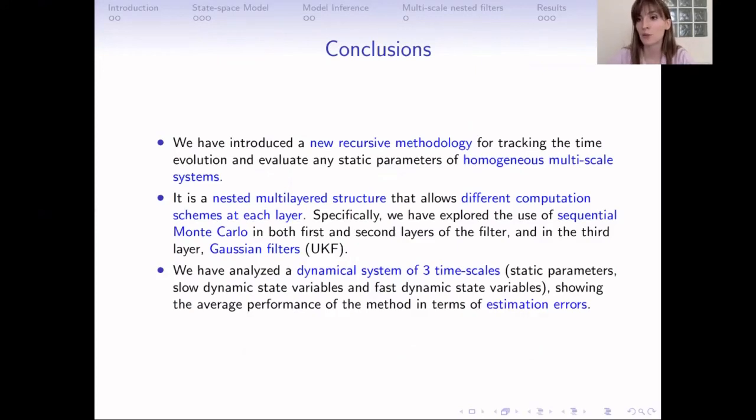We have explored the use of SMC in both the first and the second layer, and the use of an unscented Kalman filter in the third layer. And we have also analyzed a dynamical system of 3 time scales with static parameters, slow dynamic state variables, and fast dynamic state variables, showing the average performance in terms of normalized mean square error.